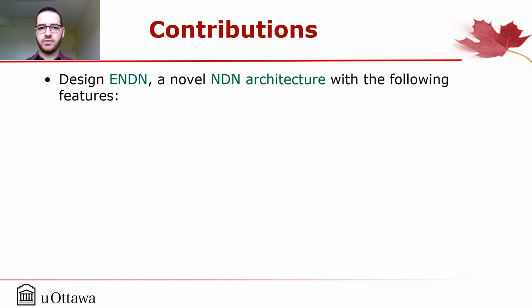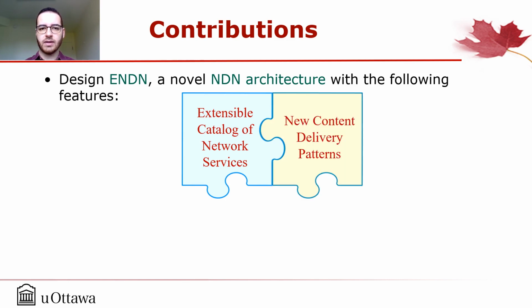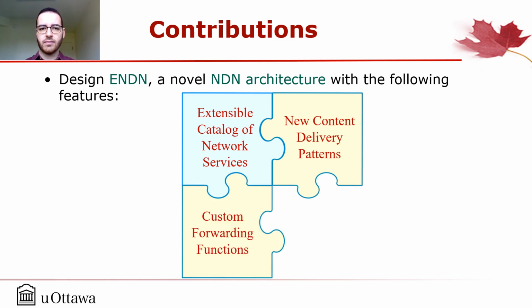The main objective of our work is to design a novel network architecture that could be used to build an application-centric network. Our proposed architecture is an enhanced NDN architecture called ENDN that offers the following key features: an extensible catalog of network services that the applications can choose from, support for new content delivery patterns like the publish-subscribe or the push patterns, allow the programming of custom forwarding functions directly in the network layer.